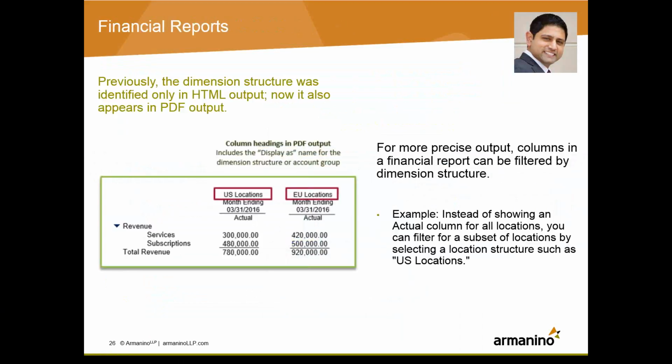Also, as a part of just updates in general, not necessarily just related to warehouses, you have the ability of getting those column headings to display in the PDF. Previously, you have probably previewed your report in HTML, and you've noticed that each of the columns can have headers.